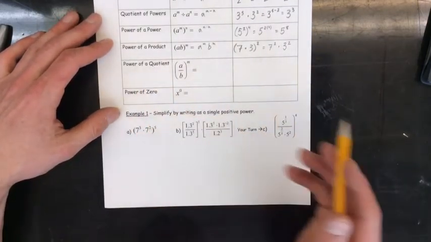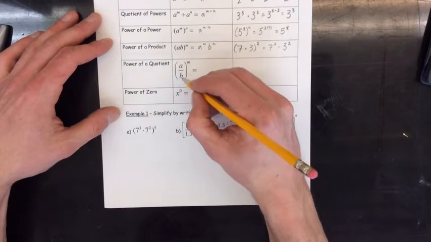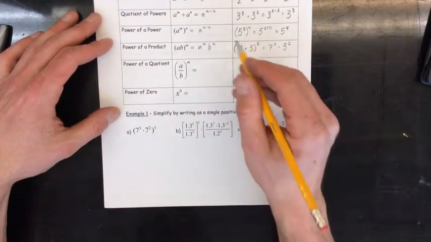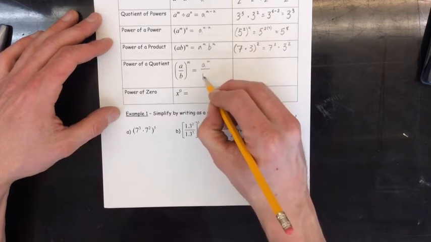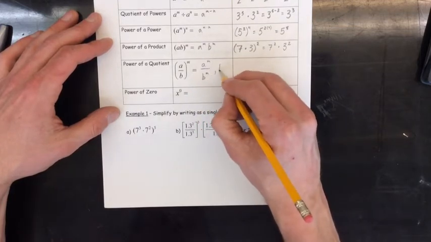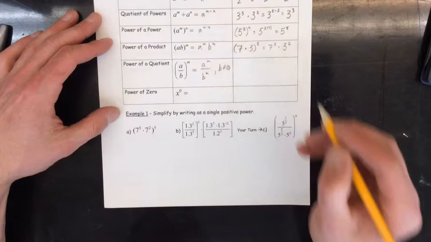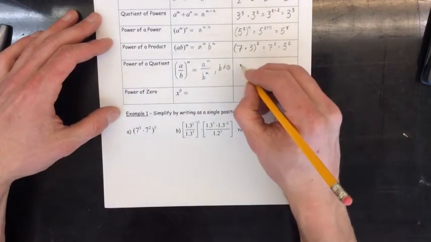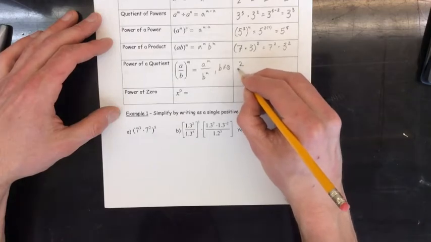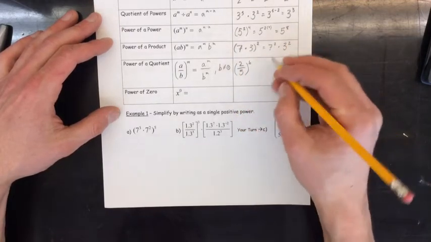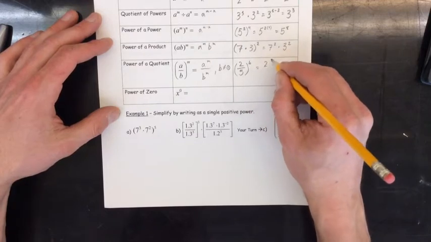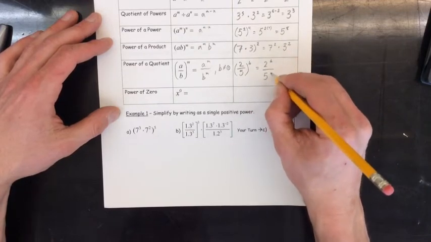The power of a quotient. A over b all to the power of m. And in this case, we'll have a to the power of m over b to the power of m, where b is not equal to 0. So if I had 2 over 5 to the power of 6, this would be like 2 to the power of 6 over 5 to the power of 6.